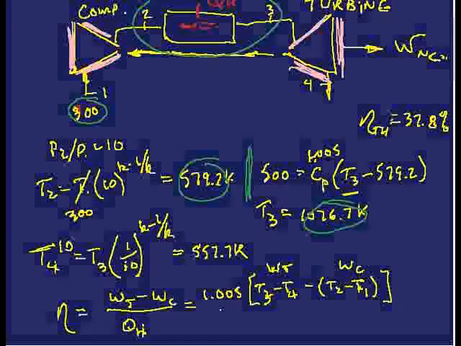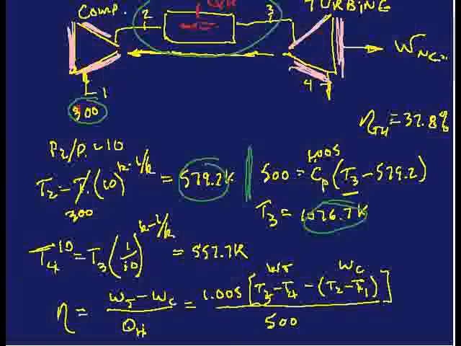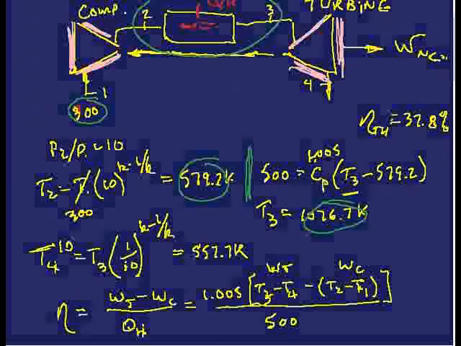And that's divided by QH, which is 500, giving us 500. We know T3, so I'll put a little check on T3. We know T2. We know T1, put a little check there.